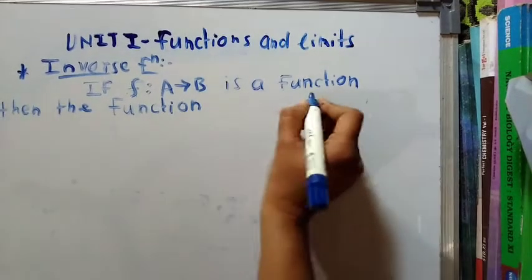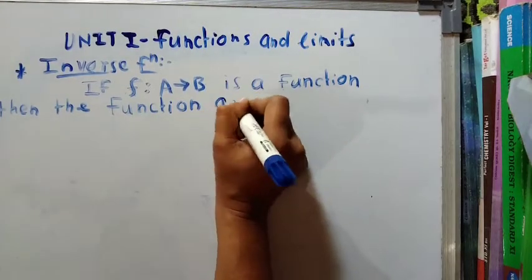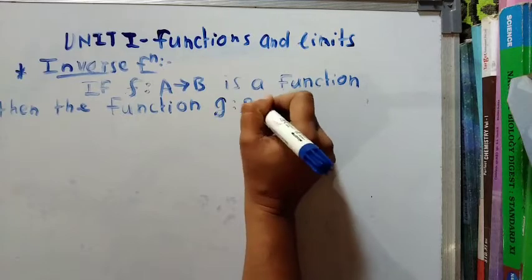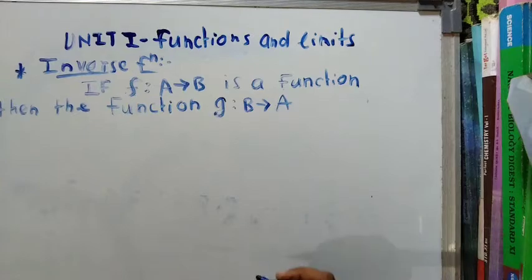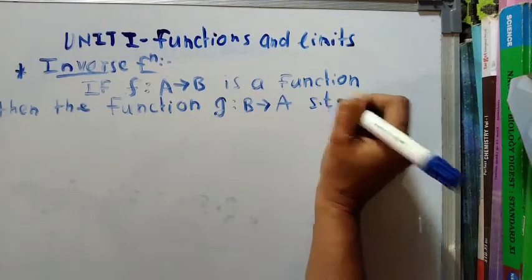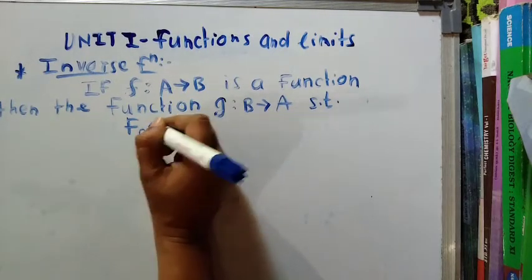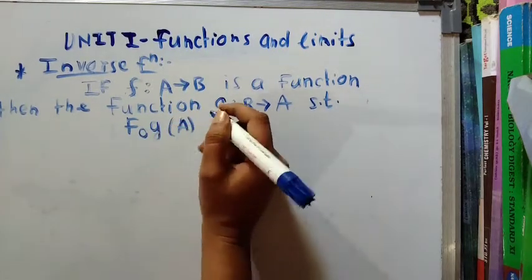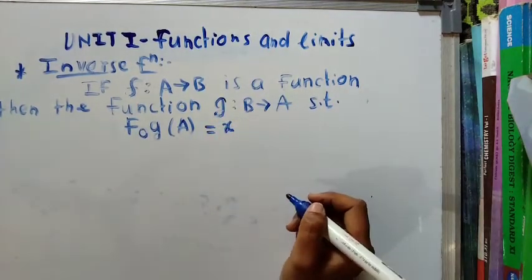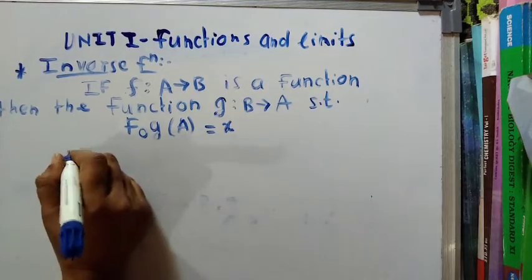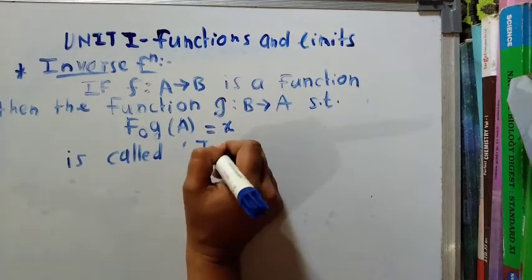If f from A to B is a function, then the function g from B to A such that f composite g of x is equal to x is called the inverse function.